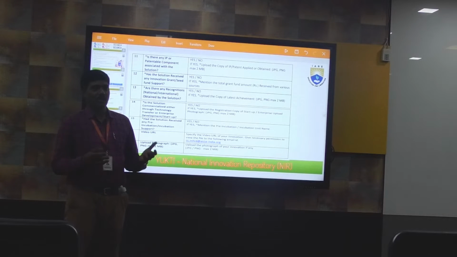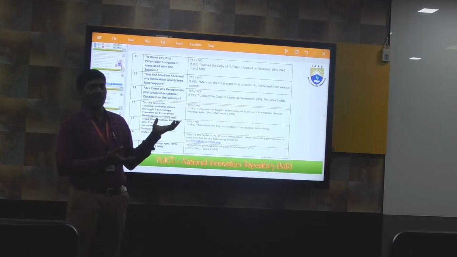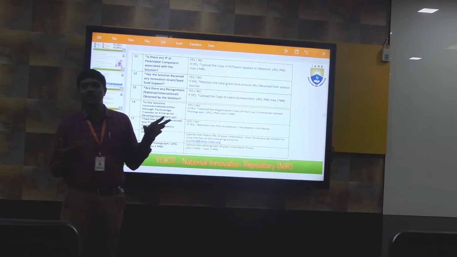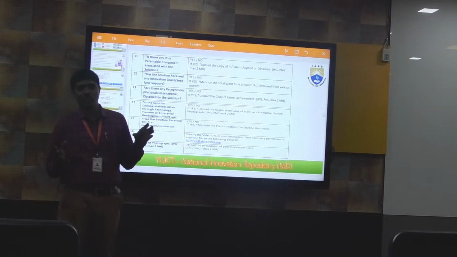So at least from each and every class, one or two students may file IP, and whenever they upload these ideas into this portal, if there is already a patent filed, that is going to add much value to the institution, especially when we are talking about the rankings. So that is most important here.